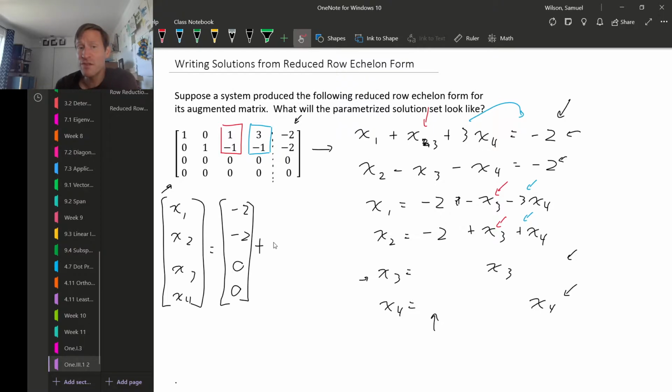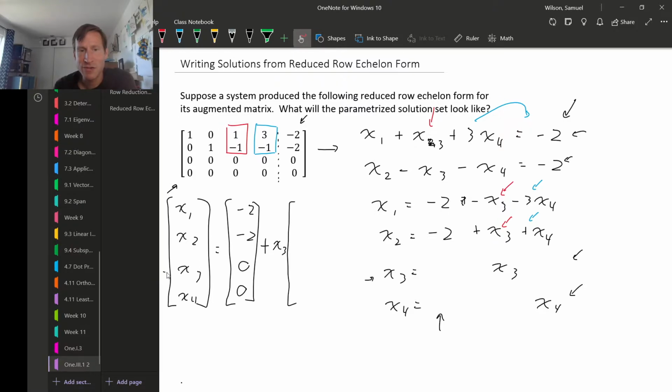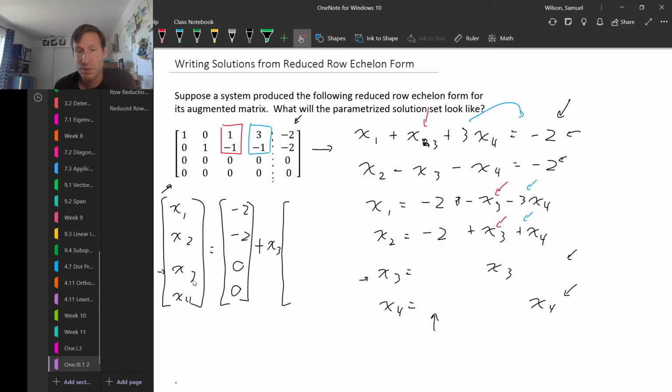And then for each free variable, we're going to get a column vector times that free variable, right? So the entry here corresponding to the free variable that I'm writing this term for, we need a 1 here because x3 is supposed to be equal to x3. The other free variables will have a 0 because the equation determining x4 doesn't have any x3s in it.